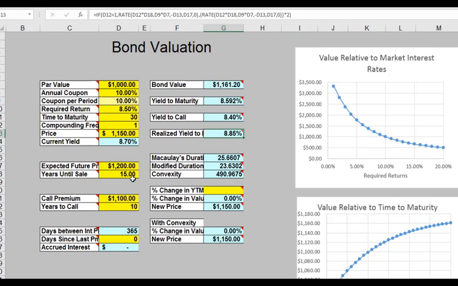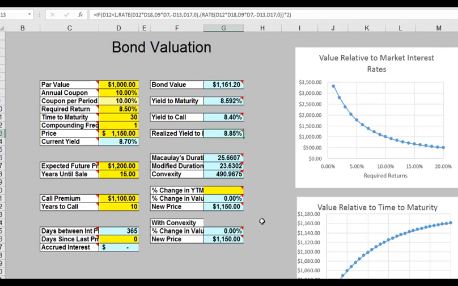So in this case, the only thing we really hope is interest rates don't fall so far that the bond will ultimately be called.